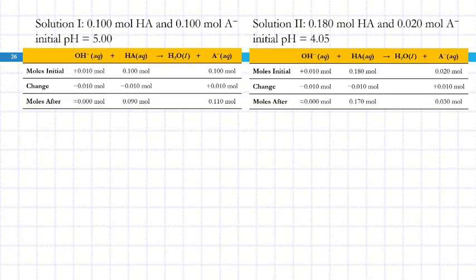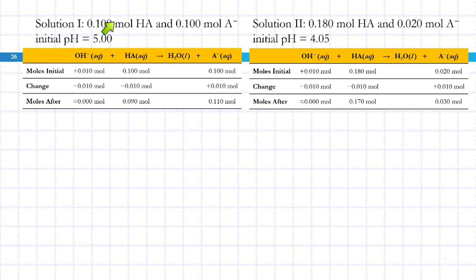We need the pKa. It doesn't give the pKa anywhere. On the previous page it says it's 5? Oh, good.